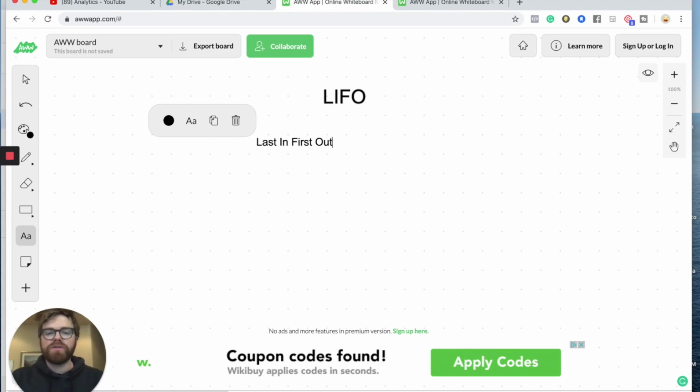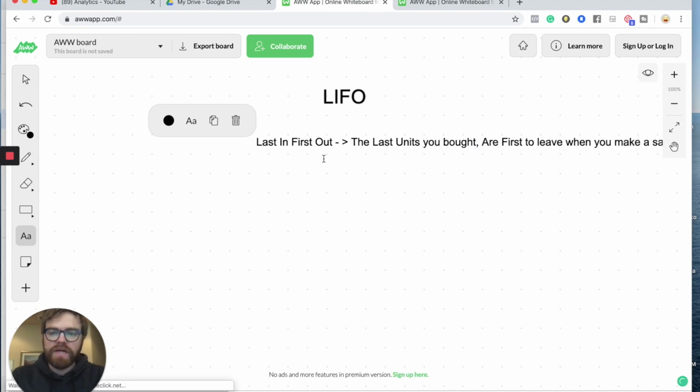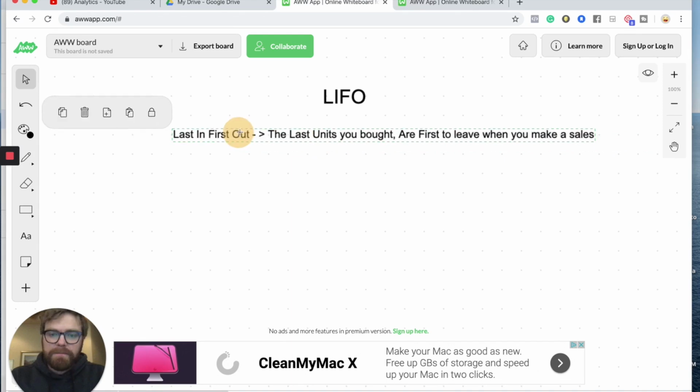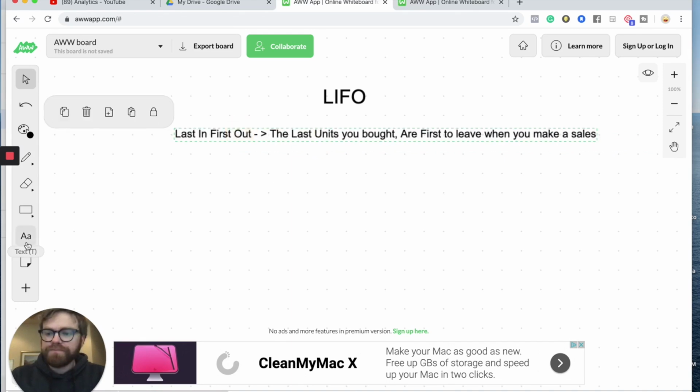That's how it works. That's essentially what LIFO really means.